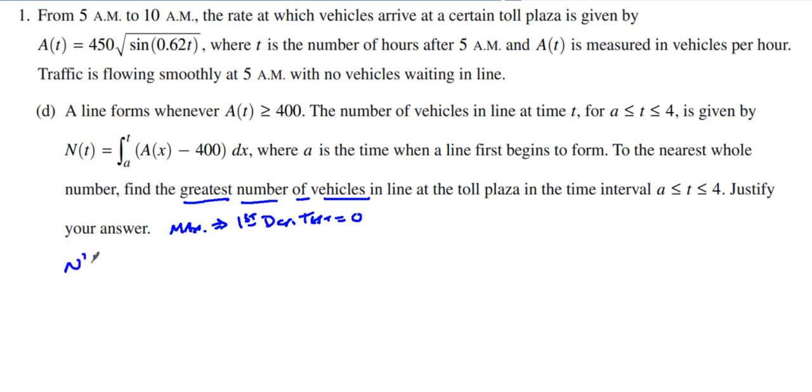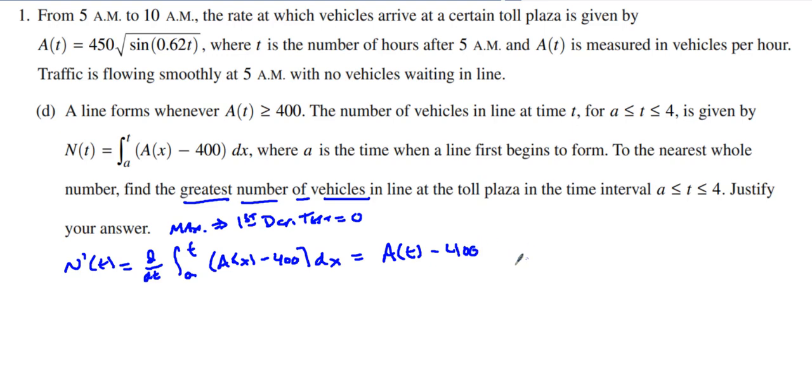So I'm going to do N prime of t, which is d over dt of the integral from a to t of A of x minus 400 dx. And so think about this fundamental theorem of calculus. The derivative of the integral cancels each other out, which means this is really A of t minus 400, and we're going to set that equal to 0.